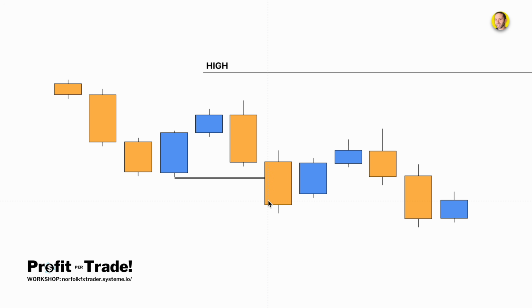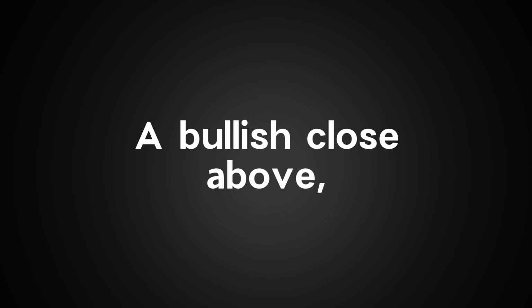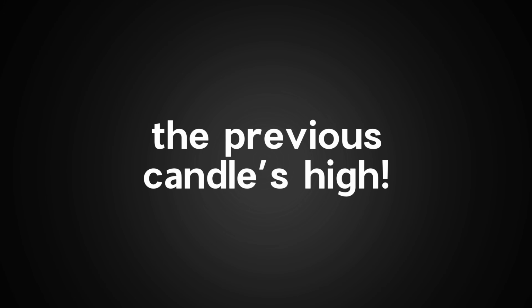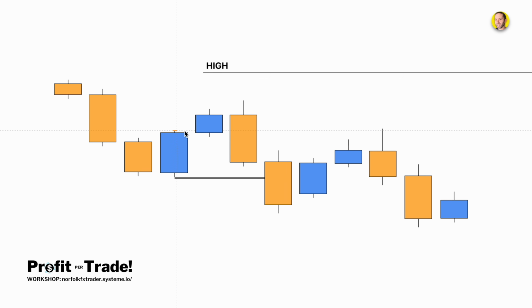Once we have this, we can identify our valid high by looking back. We're looking for where we last see a bullish close above the previous candle's high. Now this occurs right here. This candle closes above this previous candle's high.